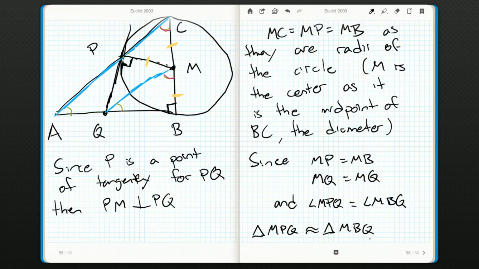They have two lengths in common and another angle in common, so it's got to be the same. So using Pythagoras, we could show that QP is the same as QB. Then these would be two triangles that have the same side lengths, and that's definitely congruency.